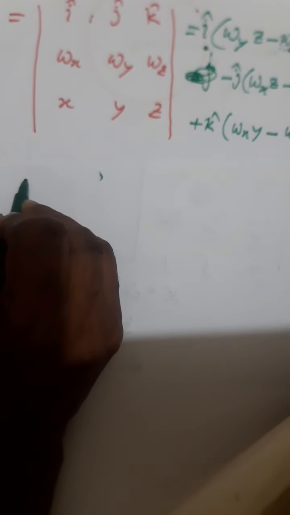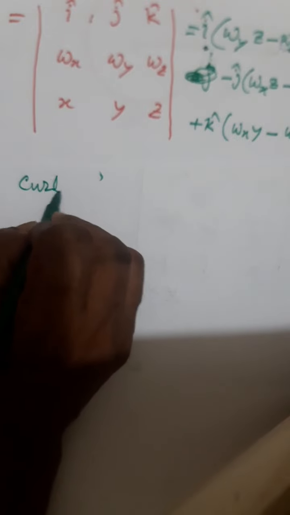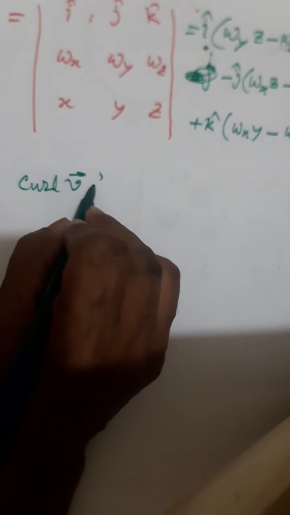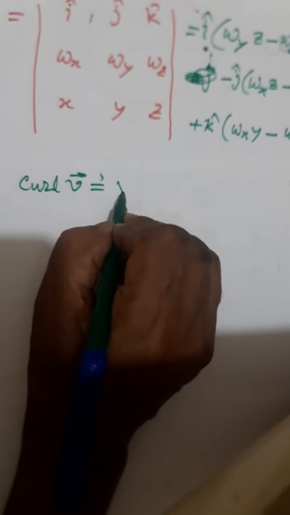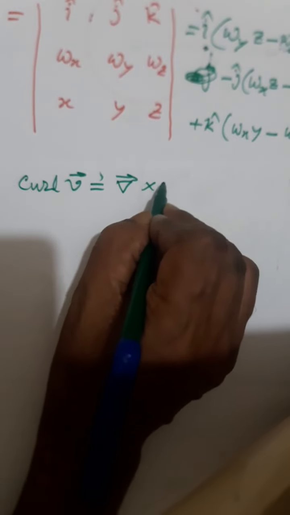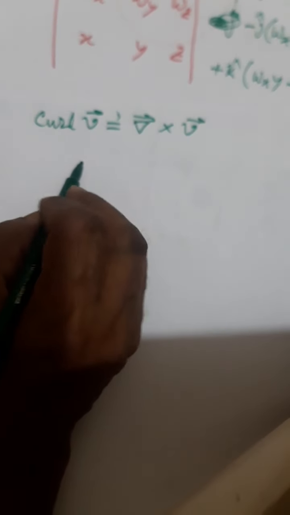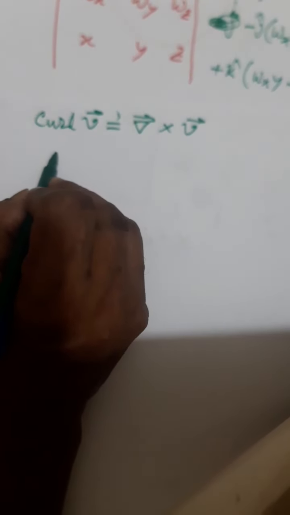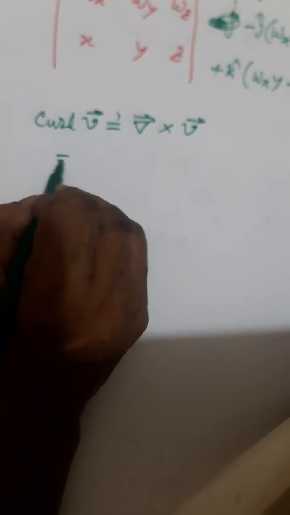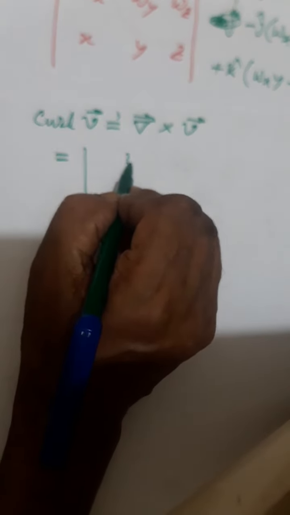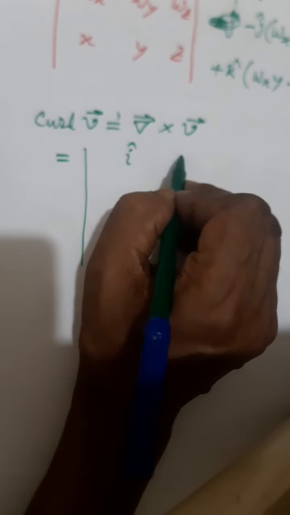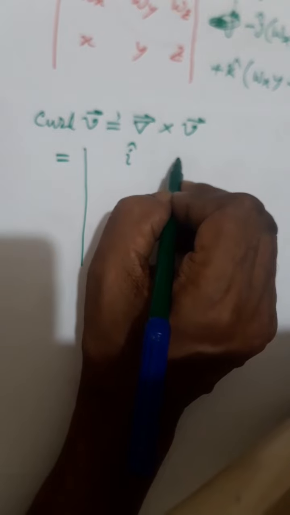Now the curl of V, where V is the linear velocity, is del cross V. It can be written in a determinant form. In the first row is i, j, k.